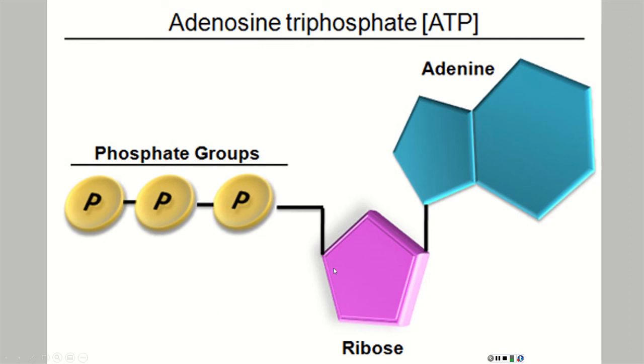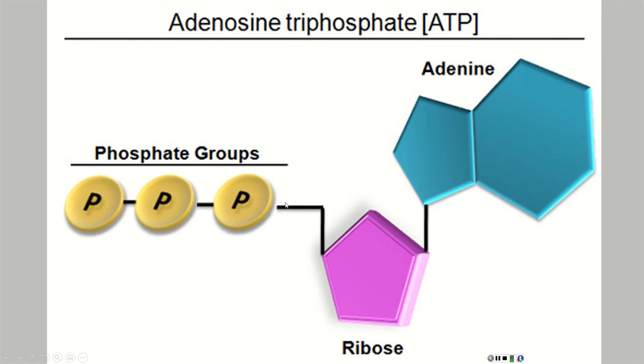Here we have a 5-carbon sugar, ribose. So it sounds like it's going to be RNA related, and it is. On one side, we have a 2-ring nitrogenous base, adenine. Ribose plus adenine is called adenosine.